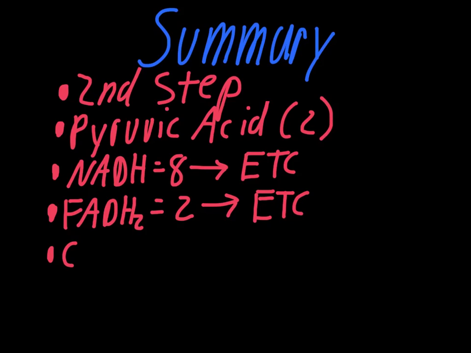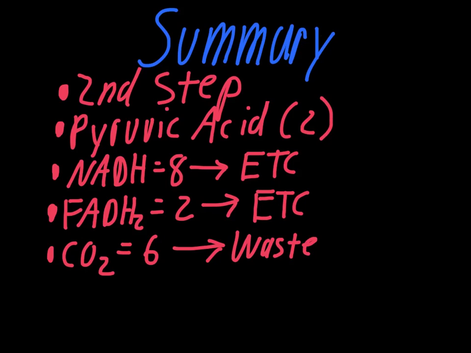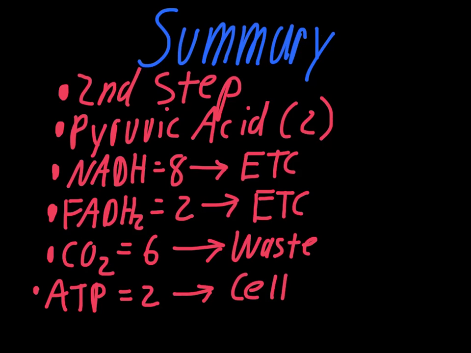Then there's CO2 that's produced. The total number there was 6, because we get 3 from each pyruvic acid. Those are released as waste products. And then the last one is the ATP. The total number there is 2. And those are released to the cell. They're ready to be used for energy.